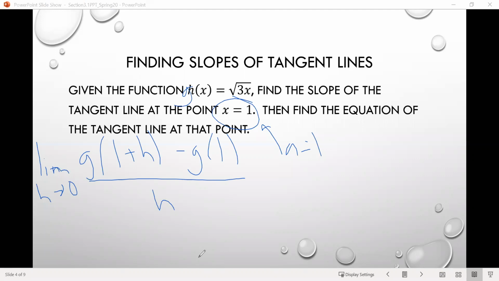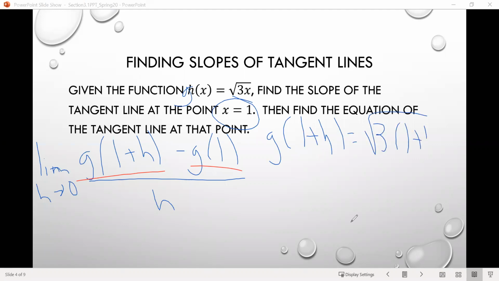Okay. Now, in order to do this, just like on the last one, we need to find g of 1 plus h and g of 1. So we'll go ahead and plug those into our function. So we'll have g of 1 plus h equals the square root of 3 times 1 plus h.